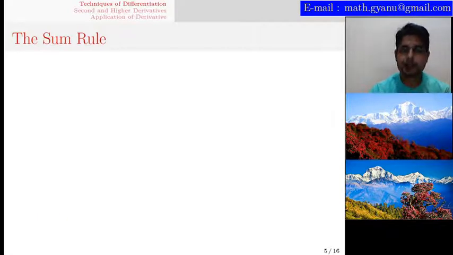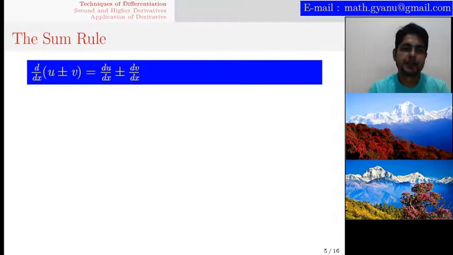Now the sum rule. Okay, d by dx of u plus or minus v equal to d by dx of u plus or minus d by dx of v. Remember that here u and v are functions of the variable x. Okay, u and v are both functions of the independent variable x.